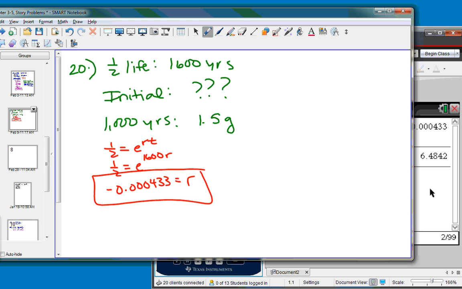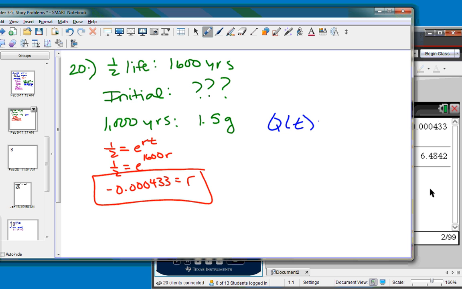I know that's cheating, but since you found it in the last problem, it's dumb if you don't use it, correct? So I know what my rate is because I found it on the last problem. Now, what do I need to know? What I started with. So I'm going to come right back over here and use my lovely little formula.